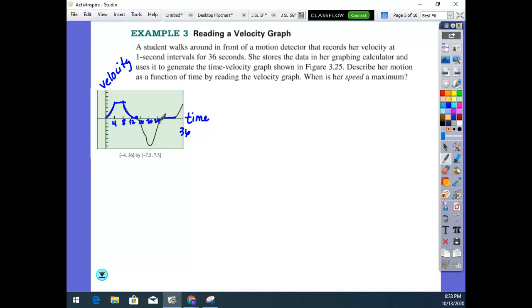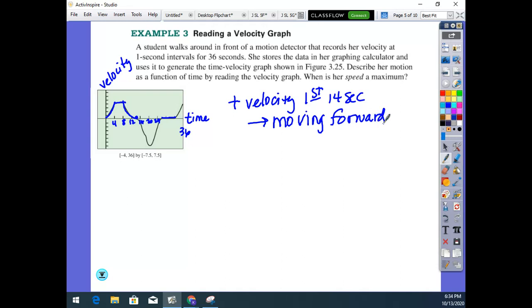See how there is a positive velocity for the first 14 seconds. What does that indicate? She is moving forward. Then it's negative from here to here.